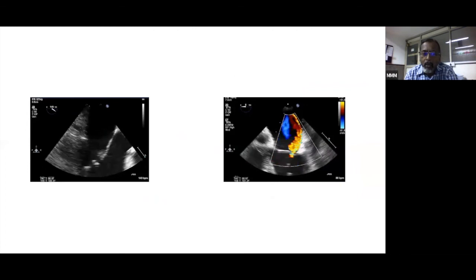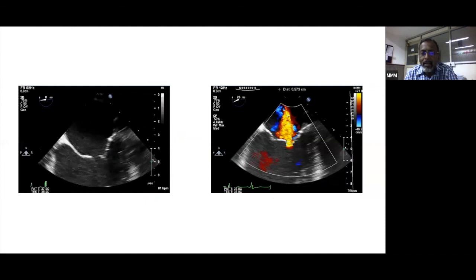But you can have bilateral tethering, which causes a central jet. So you have a dilated annulus, and you have tethering.